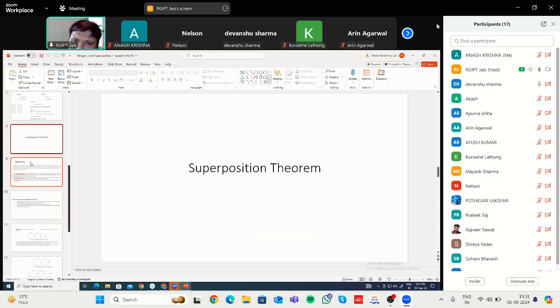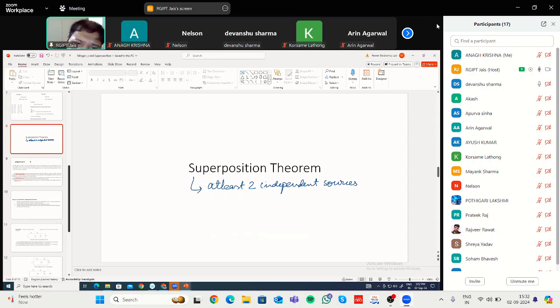The first condition is the circuit should have at least two independent sources. If the circuit has one independent source, then there is no requirement of using superposition. When the circuit has at least two, it can go up to 100, 1000, anything, then you can apply superposition theorem.